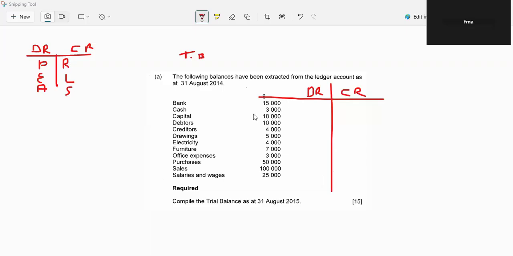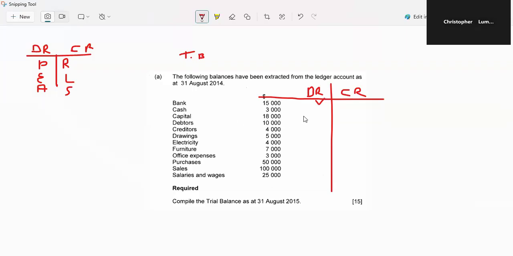So you tell me, bank, where would it go? Bank will go where? Debit or credit? That will be a debit.